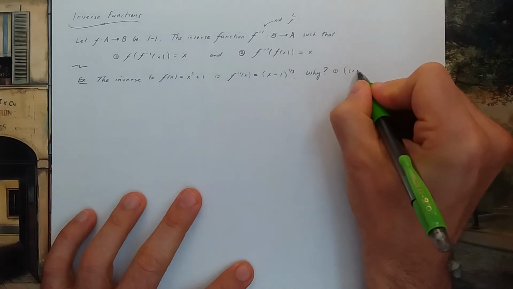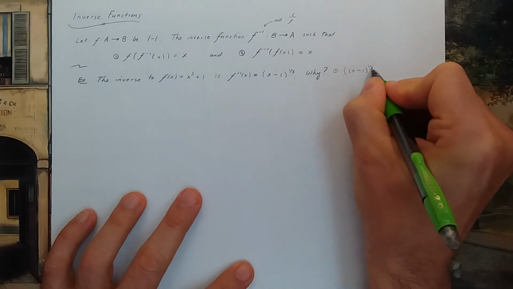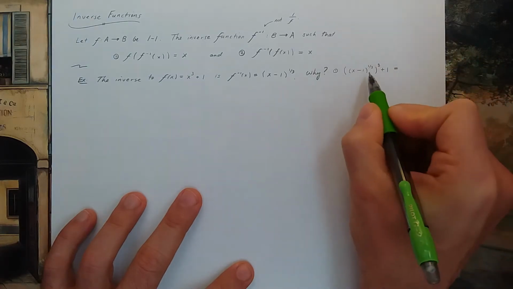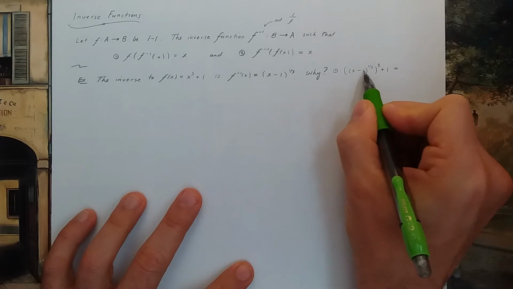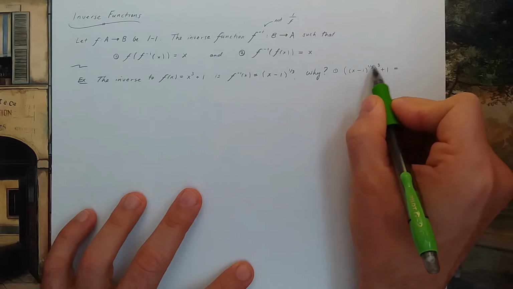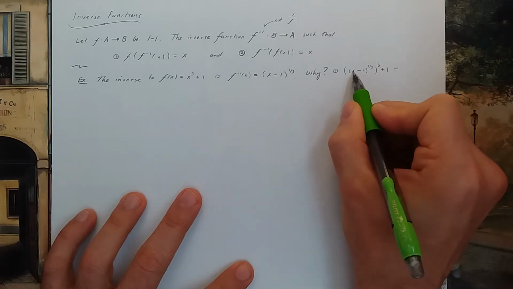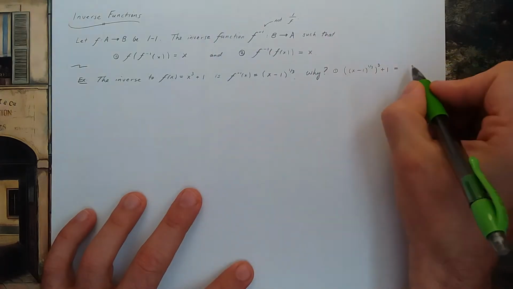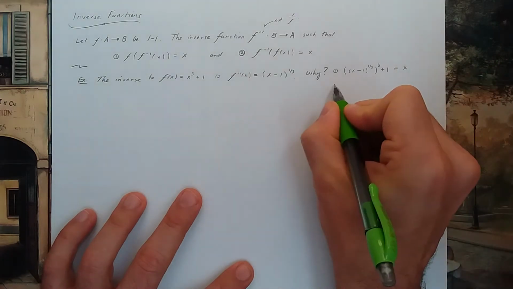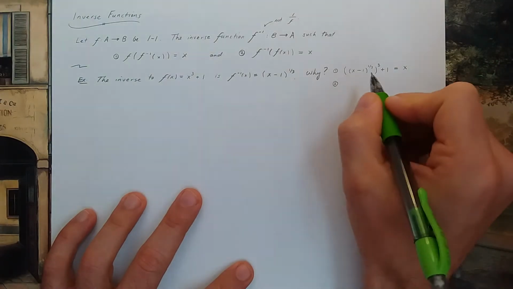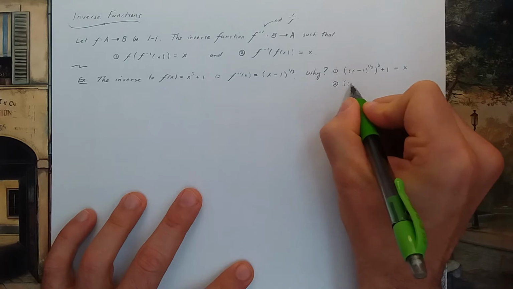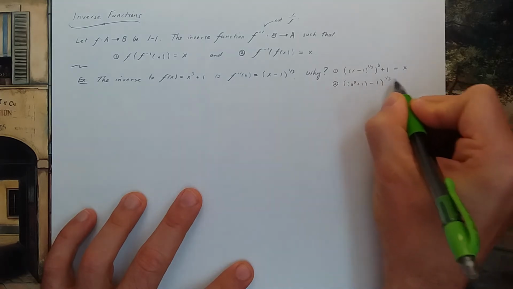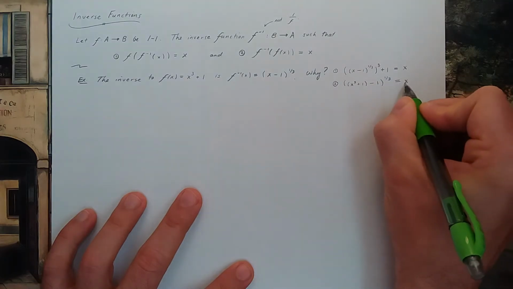So doing that, I get ((x minus 1) to the 1/3 power) cubed plus 1. If you simplify, you could see that the 3 and the 1/3 power cancel each other out. I get x minus 1 plus 1. The minus 1 and the plus 1 cancel each other out, and I just get back x. Similarly, if I compose them in the reverse order, I get (x cubed plus 1 minus 1) to the 1/3 power. And again, that simplifies to x.